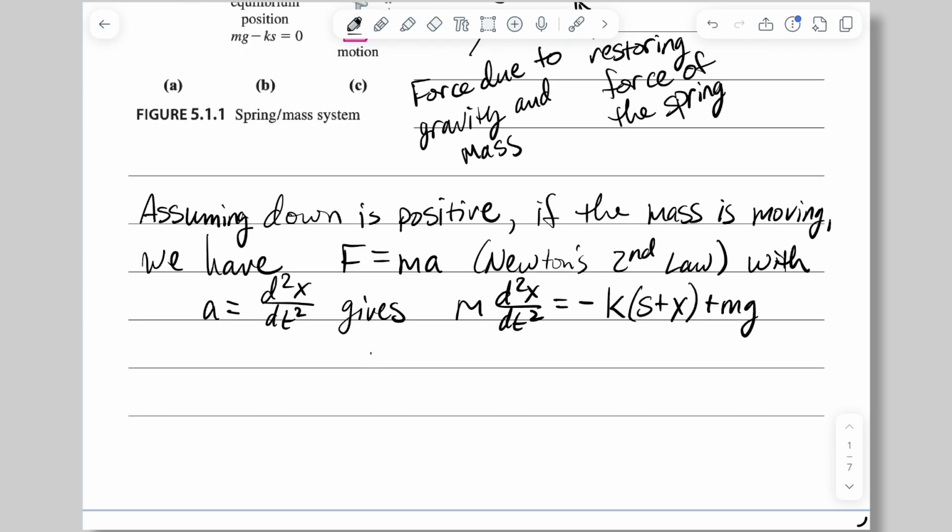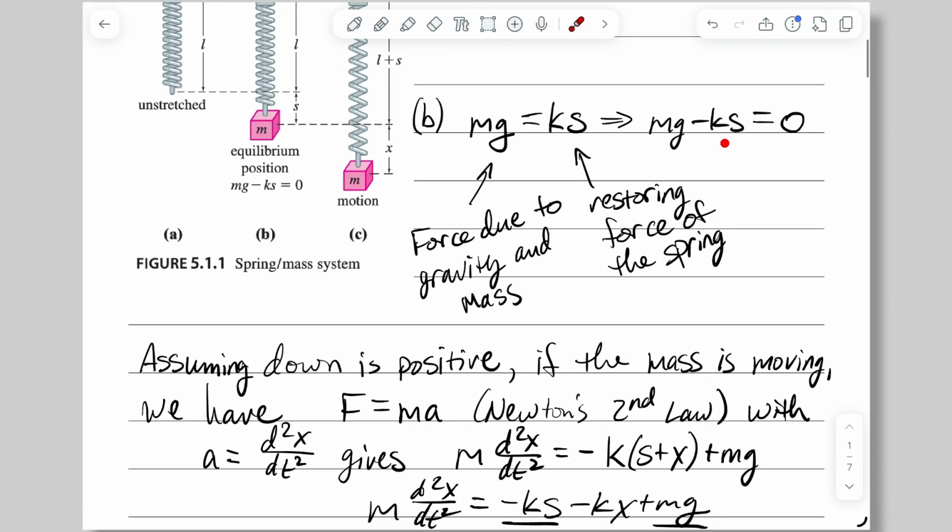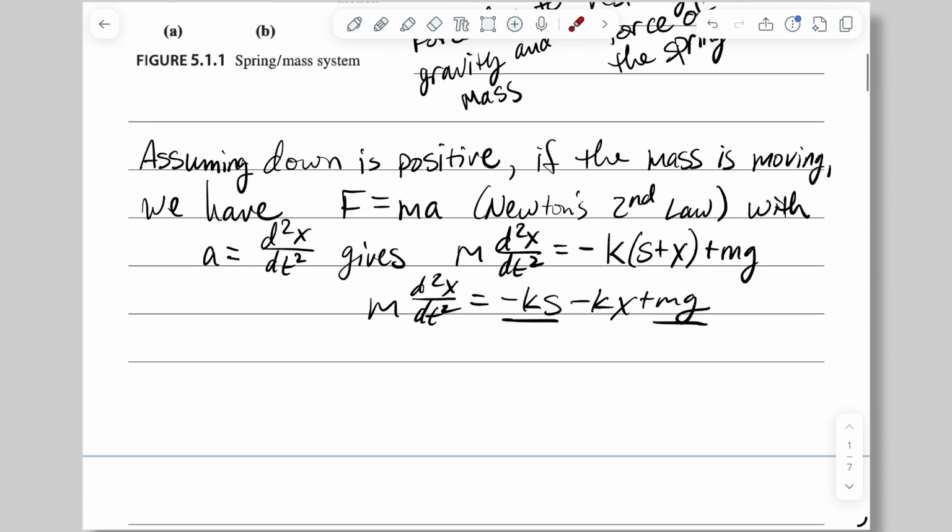So we've got that m d2x/dt2 is equal to negative ks minus kx plus mg, and we already saw that negative ks plus mg is equal to 0. So those cancel each other out, and we end up with m d2x/dt2 plus kx is equal to 0, and that's the differential equation that describes what's going on with the spring.